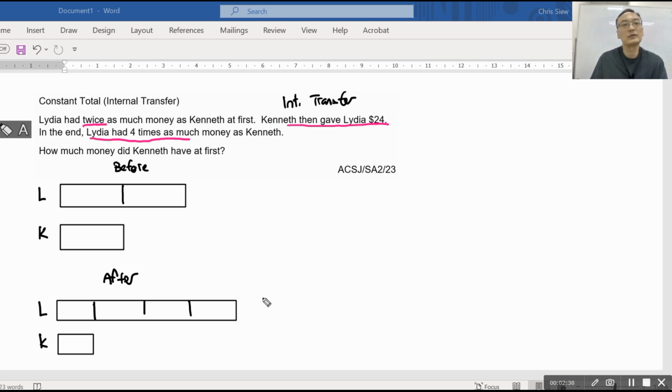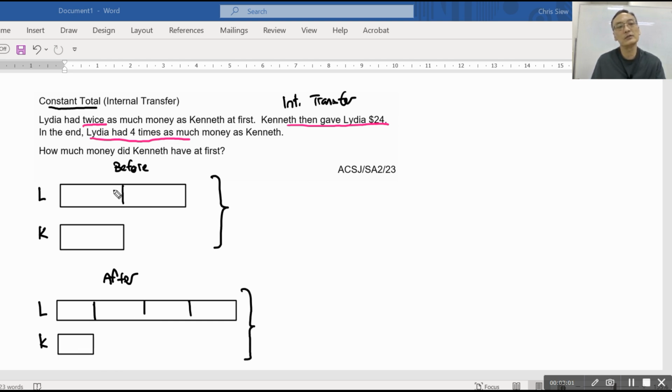Now, since it's internal transfer, we know that the total will be constant. That means they remain the same. That means the total over here and the total over here will be equal. So we have to find a number of units that at first can be divided by 3 and in the end can be divided by 1, 2, 3, 4, 5, right?